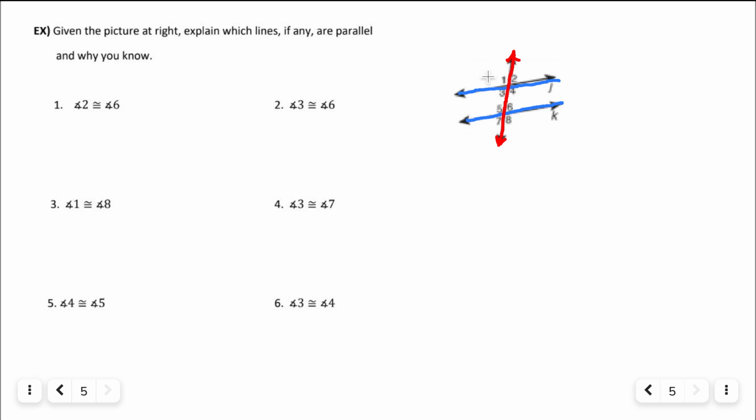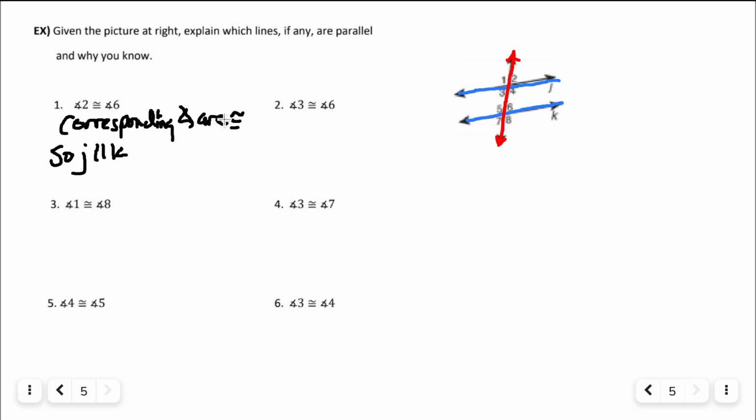Angle 2 and angle 6. Here's angle 2, top right. Here's angle 6, top right. They're corresponding. The corresponding angles are congruent. So J has to be parallel to K. That's the rule.